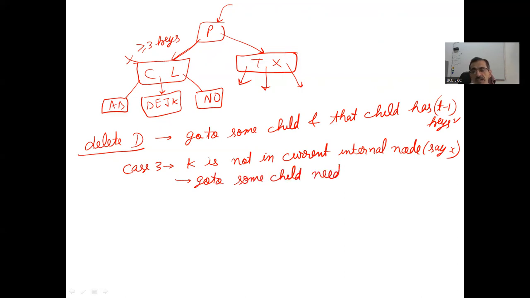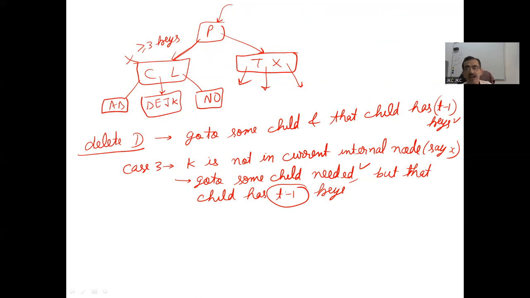Going to some child is needed, but that child has T minus 1 keys. So I can't go down leaving it unadjusted, because later if a deletion from this node happens, or because of merging some value gets deleted, this will create a problem.